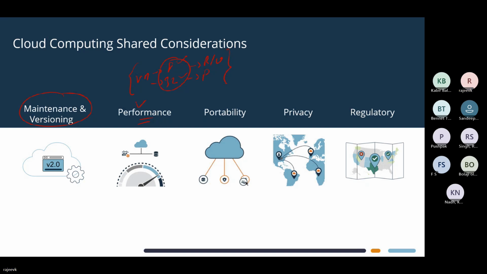Definitely. Another thing is portability. How easily we can move from one provider to another or from one platform to another, that will be decided by portability, right? Privacy, we already discussed, is one of the important rights for the end user, specifically nowadays in a world where multiple privacy regulations are imposed in different countries. One perfect example we have is the GDPR, right?